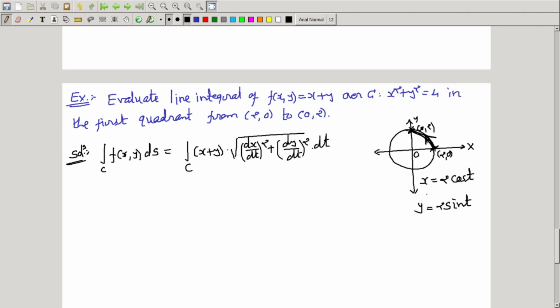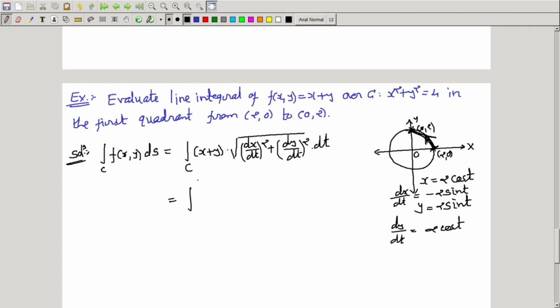So if x is equal to twice cos t, what is dx by dt? Minus 2 sin t. What is dy by dt? This is 2 times cos t.